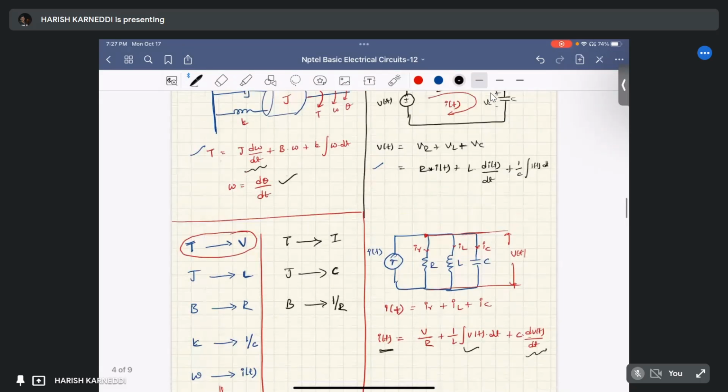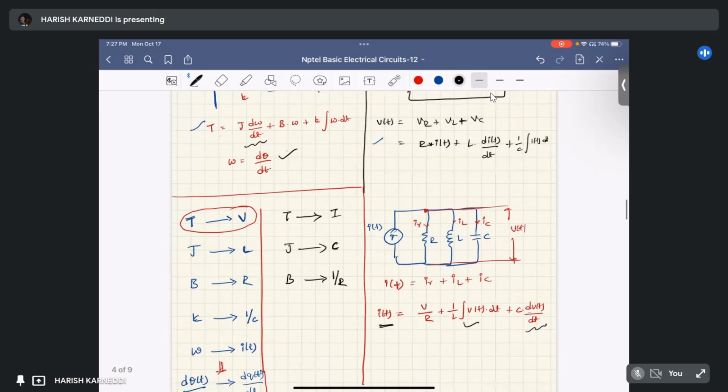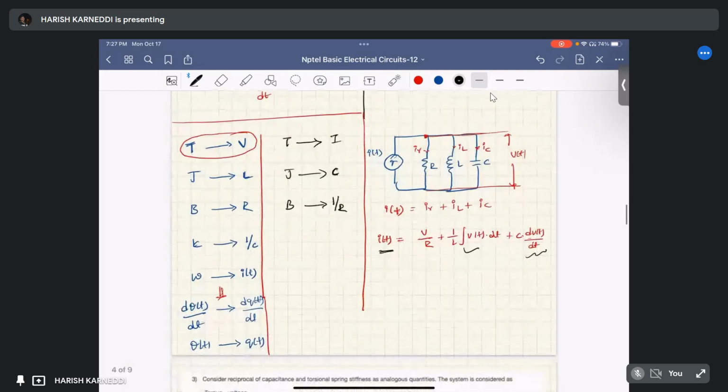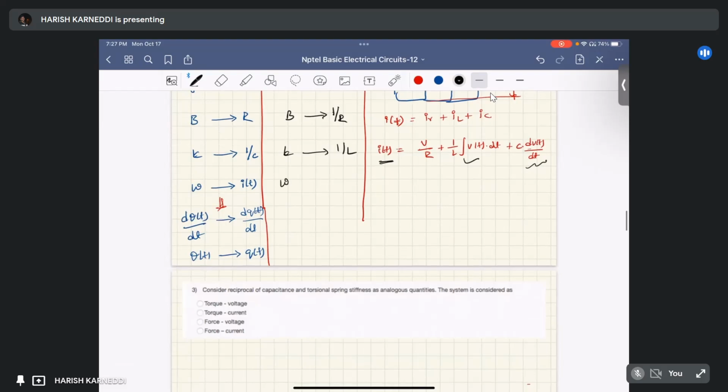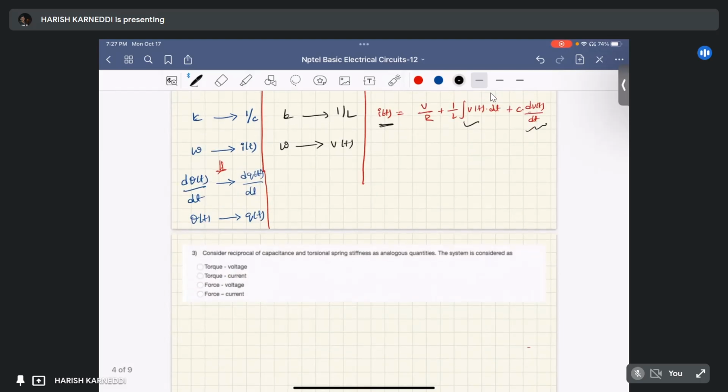And the integrated term K equals 1 by L. Earlier it was angular velocity, here it is voltage V of t. We can represent angular velocity as before, d theta of t by dt, the angular displacement. And V of t we can write in terms of flux, that is d phi of t by dt.